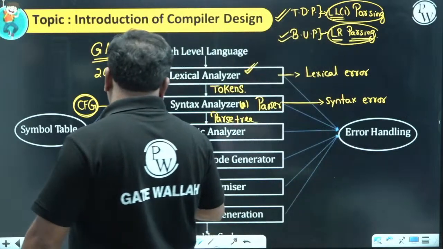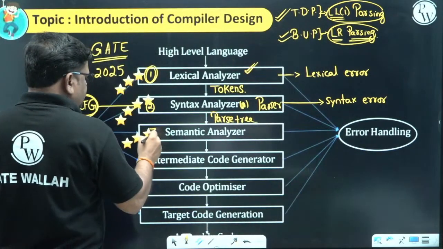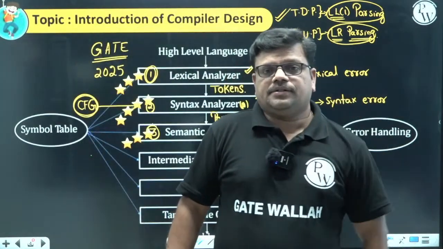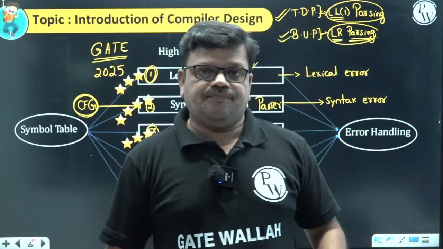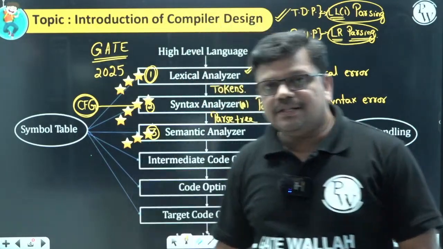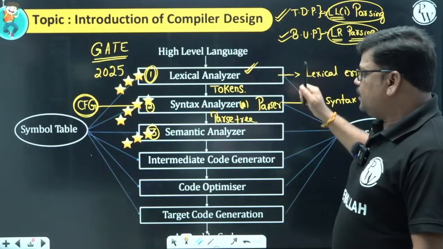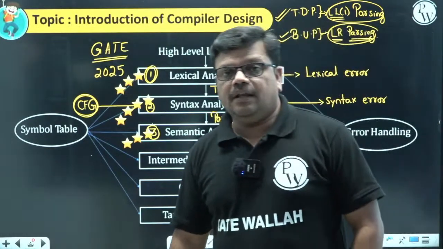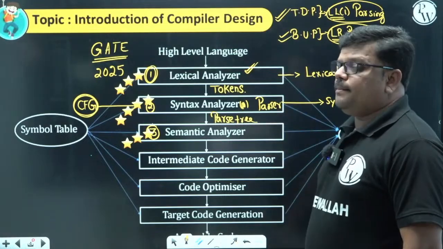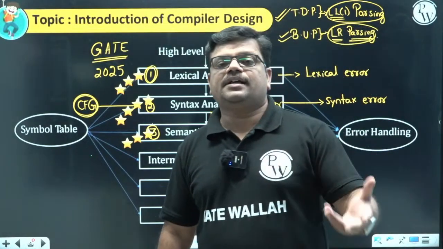Today's session, we are discussing semantic analysis. There are three types of errors detected by compilers: lexical, syntax, and semantic errors. Lexical errors are identified by the first program, the lexical analyzer. Syntax errors are identified by the second program, the parser or syntax analyzer.